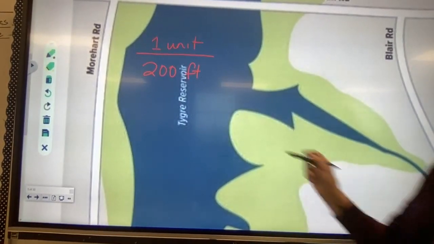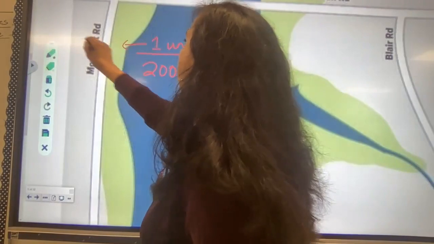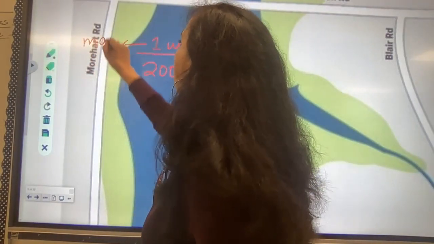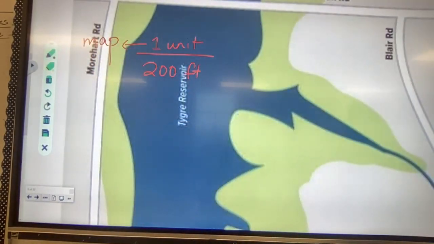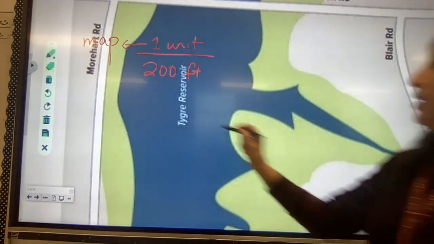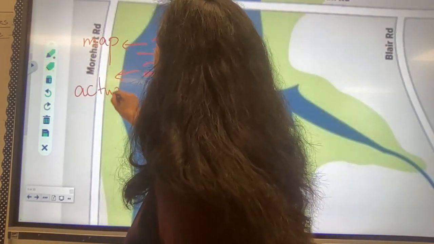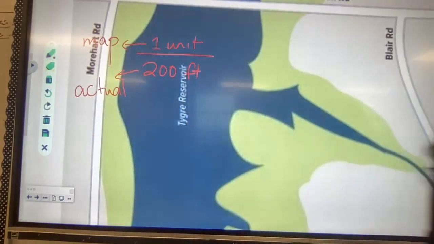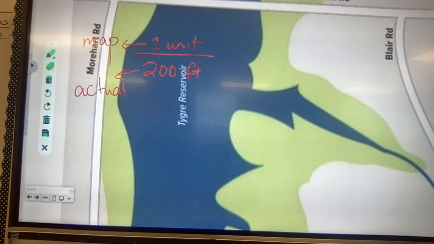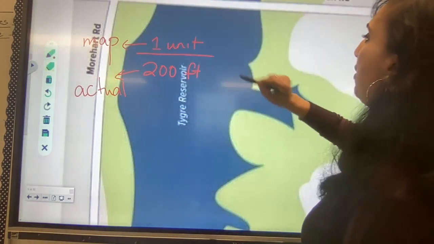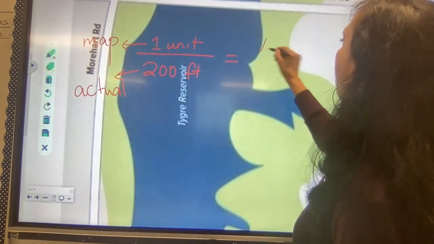And so this 1 unit is what is on the map. The 1 unit is on the map, and the 200 feet that they're talking about is the actual measurement. Okay, so that is the ratio that is provided. So we are going to scale it. And now between these two, this is equal to 4 units.